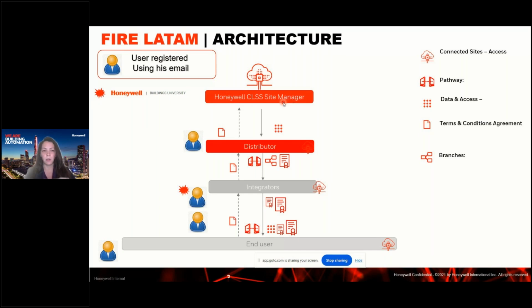Your branch is going to go under Silmar branch, and Silmar branch is hosted in our Honeywell CLSS site manager. And from here, of course, you can give permissions to the end users about what information they're going to get, either if it's the fire alarm notifications or the troubles, or they're going to have access to see the entire system.